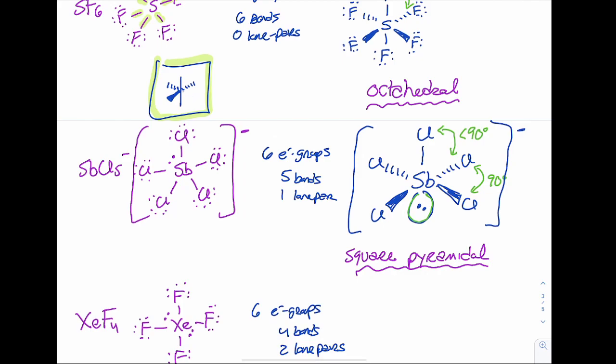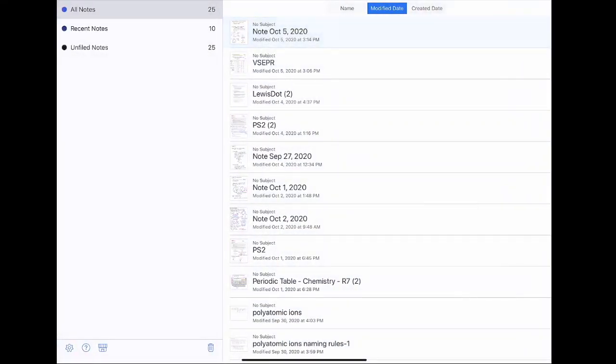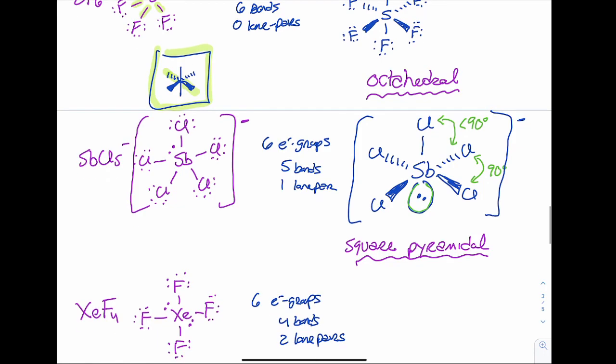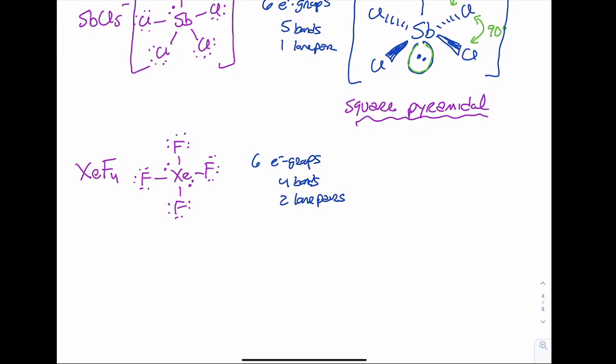If I put the first one, oops, sorry guys, let me get that bond back. If I put that first one in this position, then the second one has to go in that position. So they have to be 180 from each other. I don't particularly like wedging and dashing our orbitals, so I'm going to put them top and bottom.